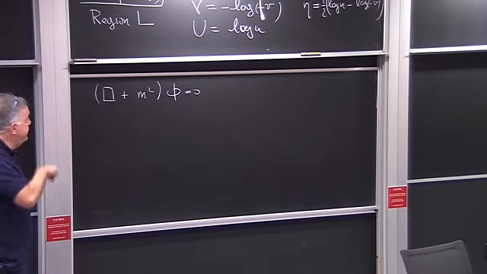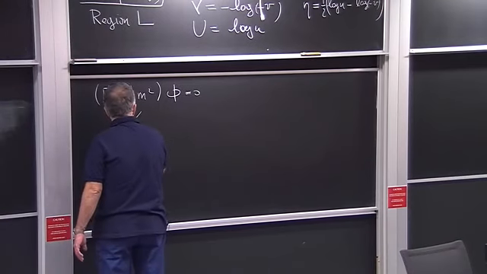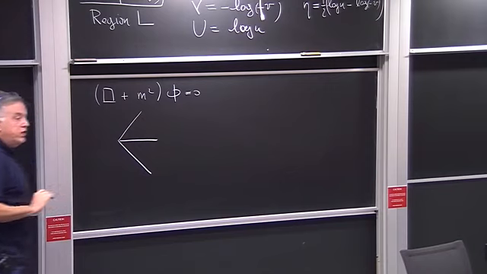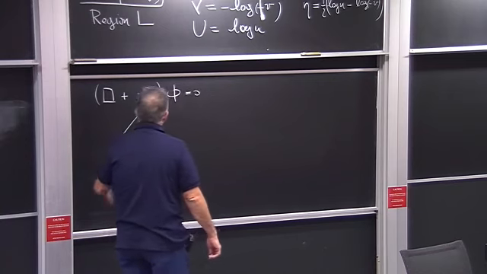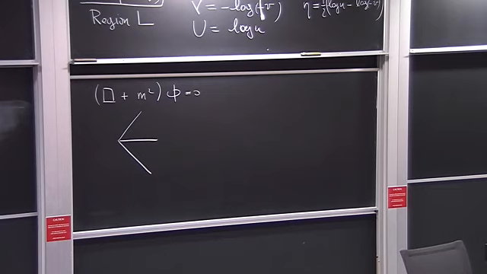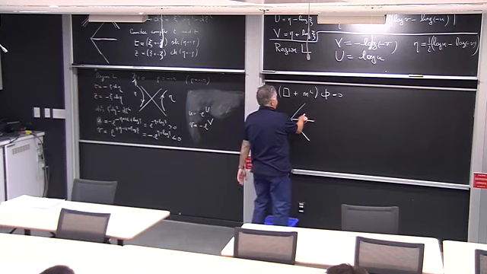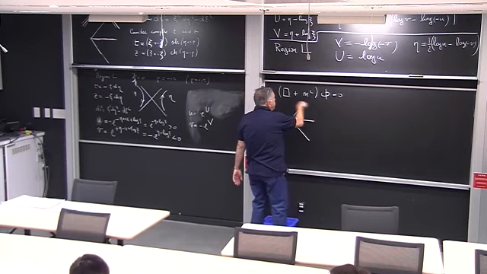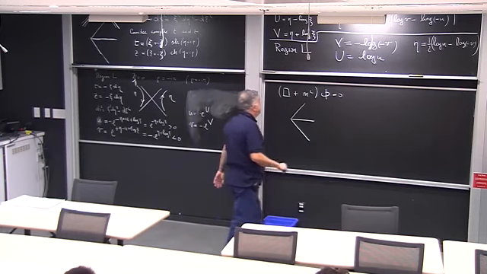Okay. So at the beginning, we quantize our theory just in this region. Doing this, we are going to use the Rindler coordinate system in the original region, and write this equation in the Rindler coordinate system.